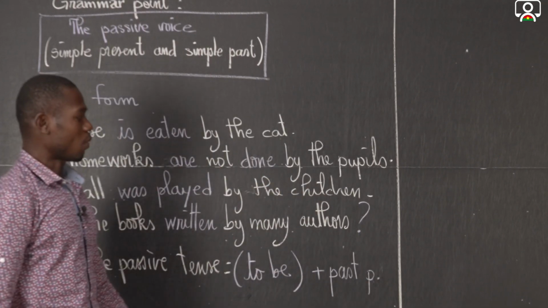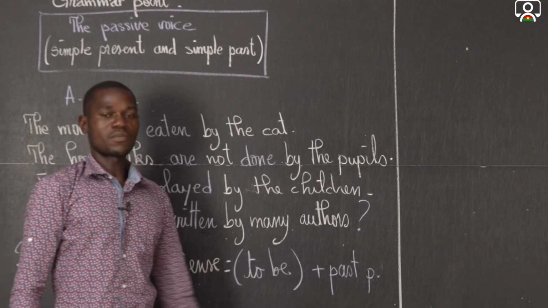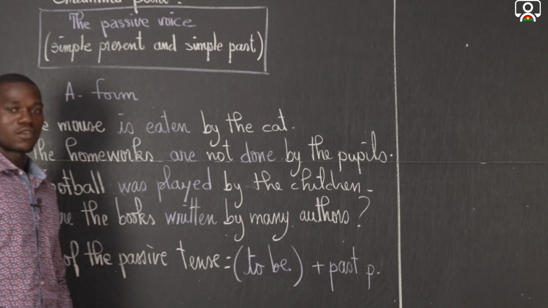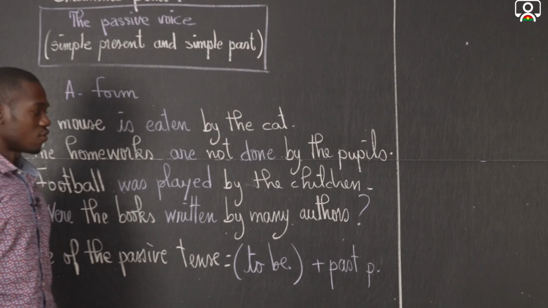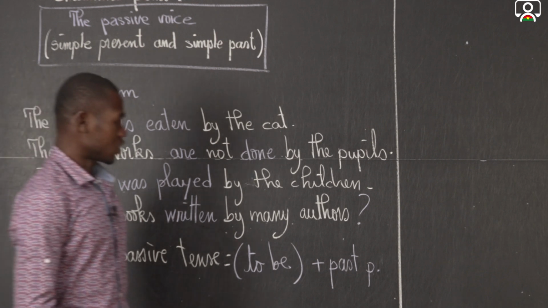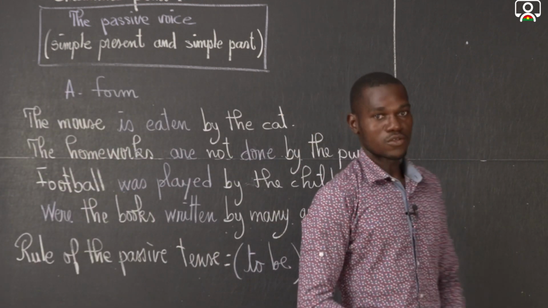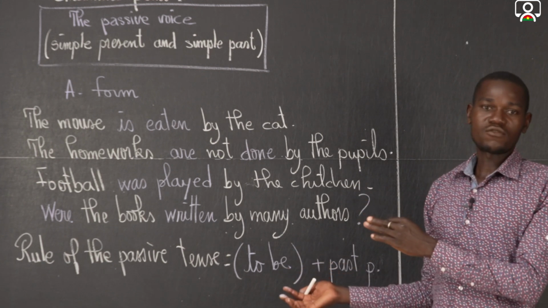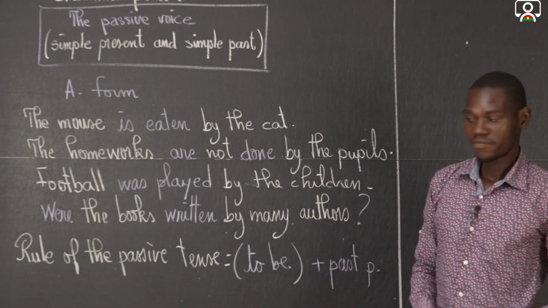To be plus the past participle of the verb. This is how we form the tense in the passive voice. Now, the second point of this lesson will concern how to go from active to passive.